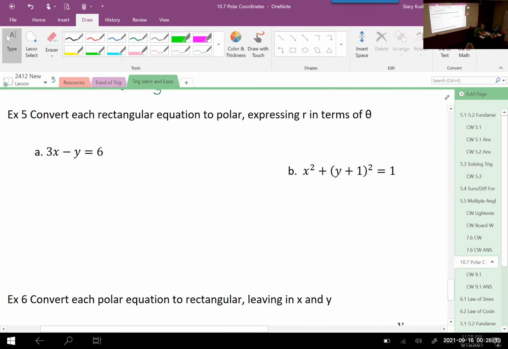Remember from above, x is equal to r cosine theta and y is equal to r sine theta. So I'm going to replace x with r cosine theta, and I'm going to replace y with r sine theta, and that's equal to 6.